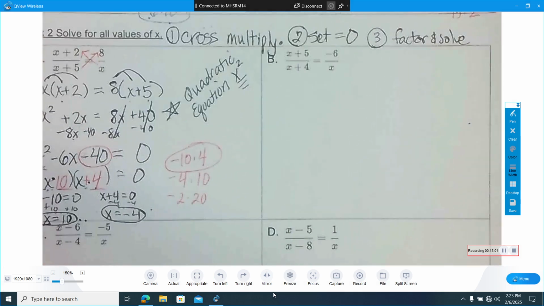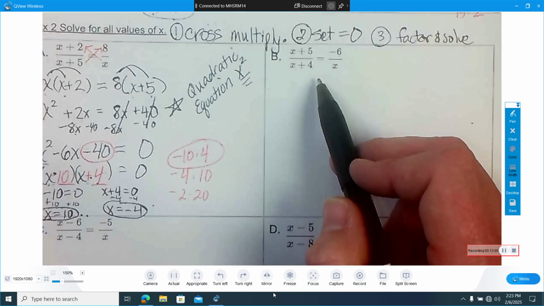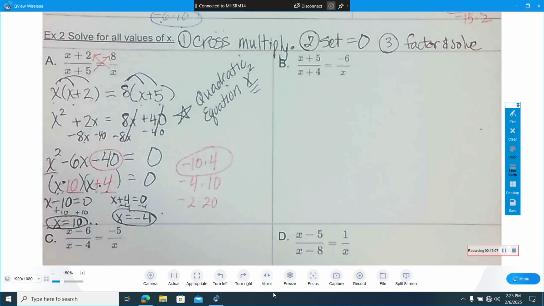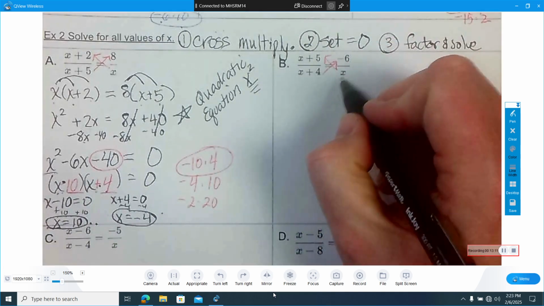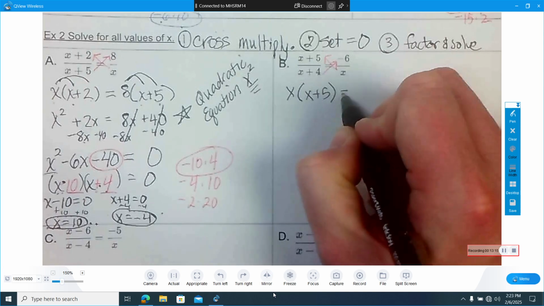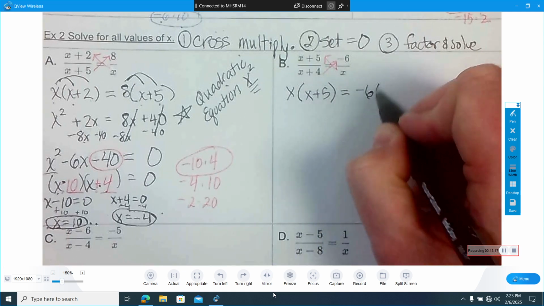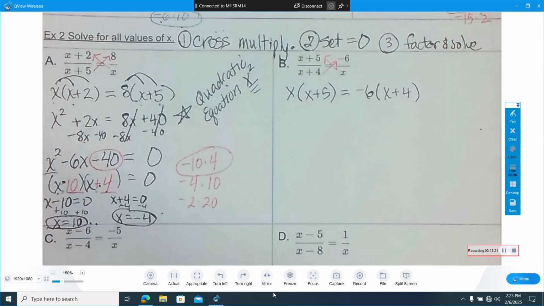All right. Let's try another here. What's our first step? Cross multiply. So we have x times the quantity x plus 5 equals negative 6 times the quantity x plus 4. Well, what do we need to do next?